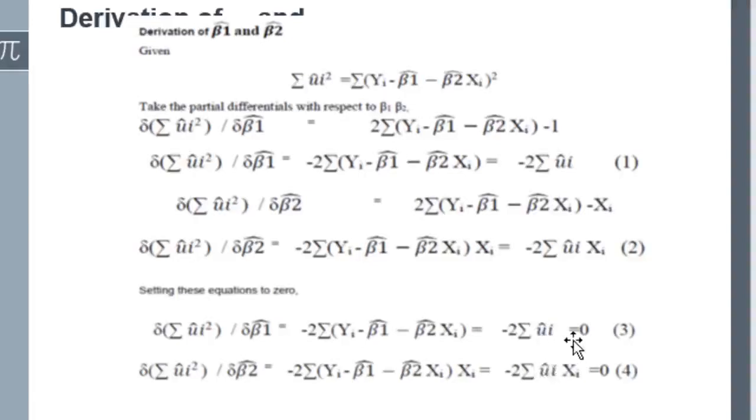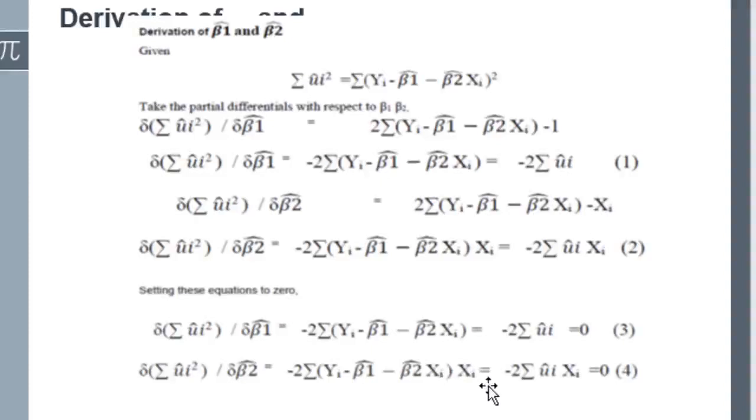Therefore, it is considered that sigma ui cap equal to 0 and sigma ui cap xi equal to 0, since minus 2 can never be equal to 0. Since it is not equal to 0, we consider sigma of yi minus beta 1 cap minus beta 2 cap xi equal to 0. Similarly, sigma of yi minus beta 1 cap minus beta 2 cap xi into xi equal to 0.